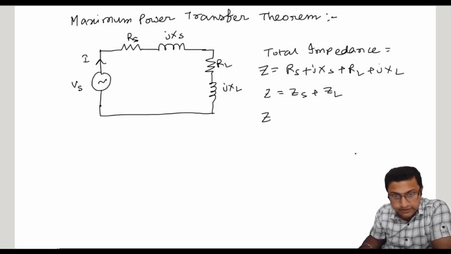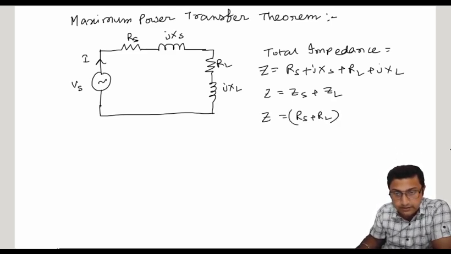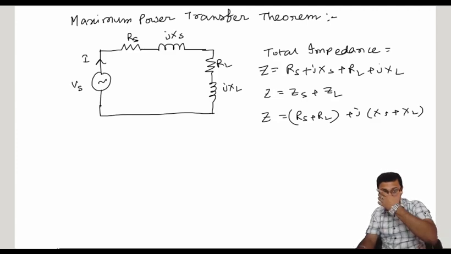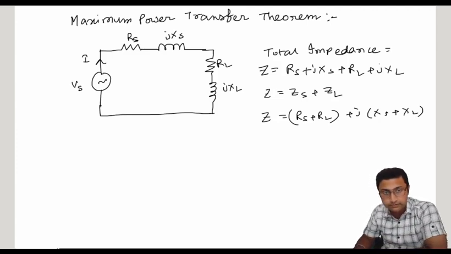So we can rearrange it as Rs plus RL plus j times (Xs plus XL). So this is basically the total impedance presented by the circuit.